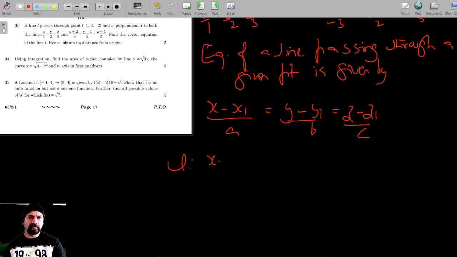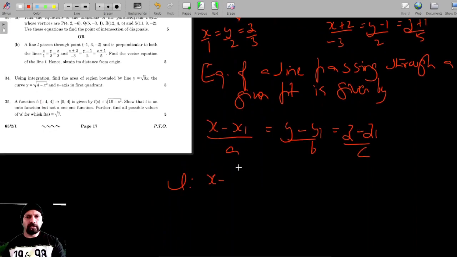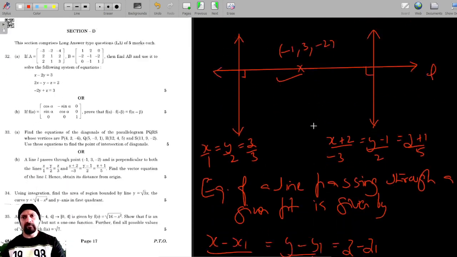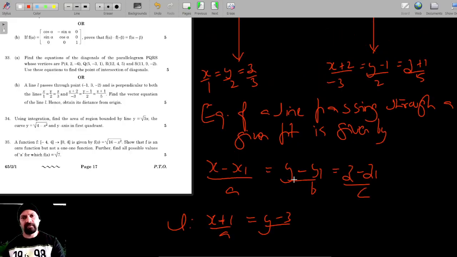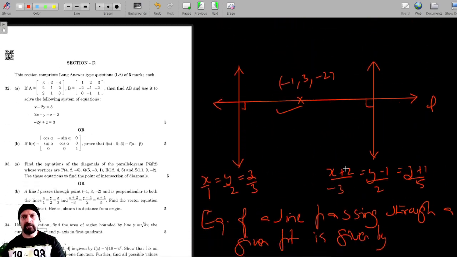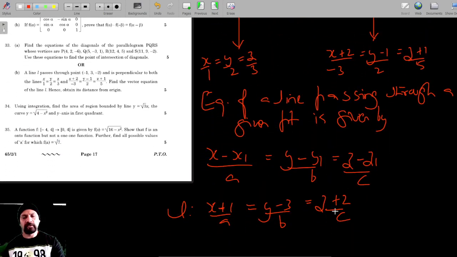Here, x minus x1 is x plus 1, y minus y1 is y minus 3, and z minus z1 is z plus 2, so the equation is (x plus 1) by a, (y minus 3) by b, and (z plus 2) by c.